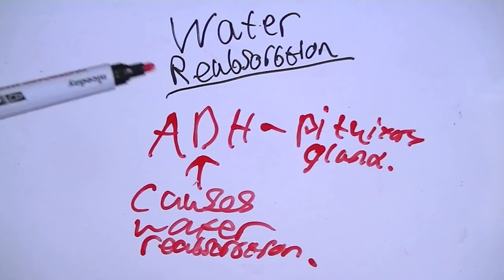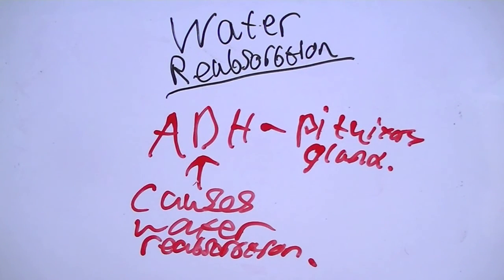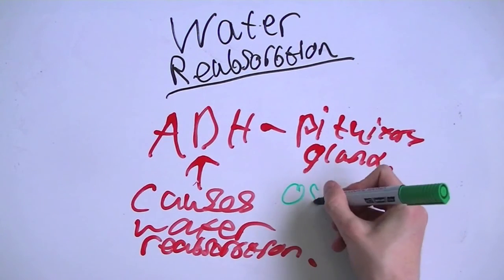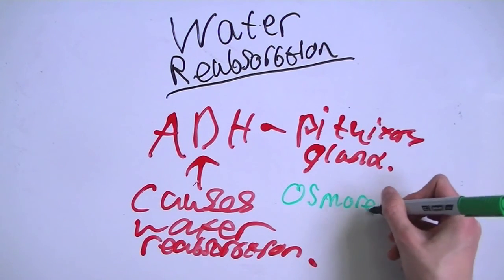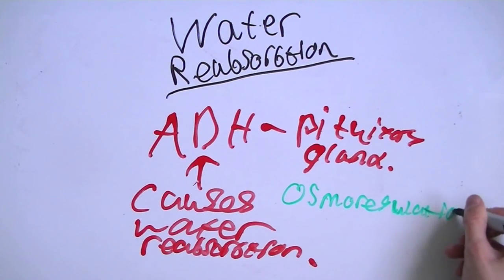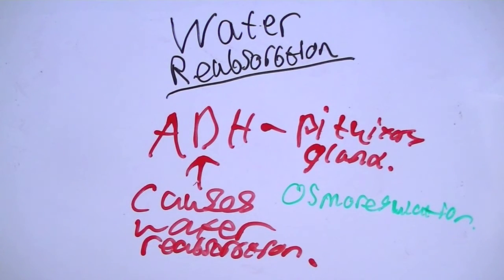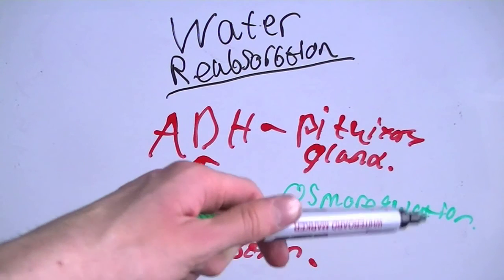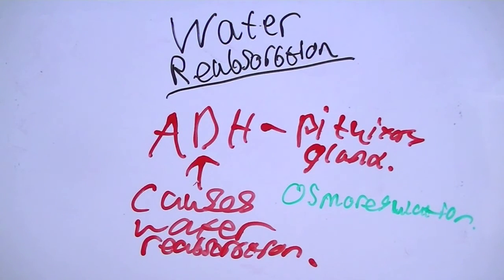So what the body will do is it will do something called osmoregulation. I will again write that down for you. Where it controls water levels. I'm sorry that's not very clear. It says osmoregulation, and that controls water levels.